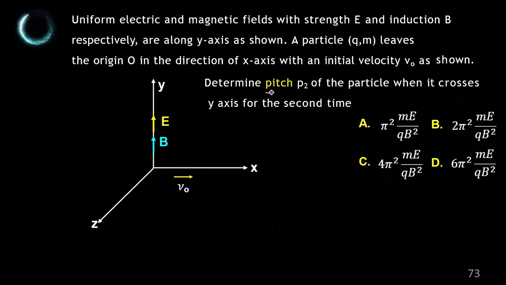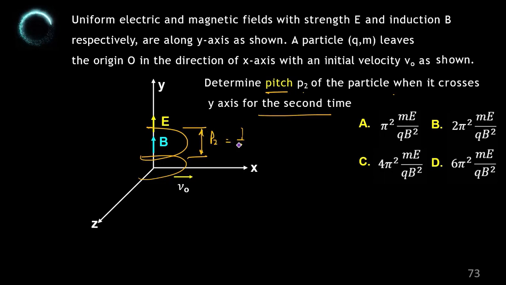Now you are asked to calculate the pitch P2 of the particle when it crosses the y-axis the second time. It is the second pitch. The second pitch means first pitch, then it will be starting at the second pitch. So this is the P2. P2 should be equal to half into A into 2t whole square minus half A into t whole square.